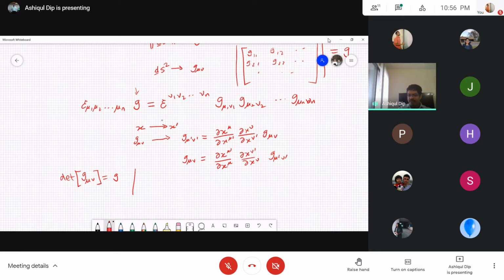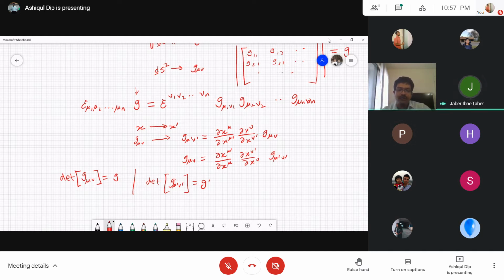Another name: if you take the determinant of G mu prime nu prime, those are different numbers, so taking the determinant of that will give you something new. Let's call it G prime. So G prime is the determinant of the metric tensor in the new coordinates.